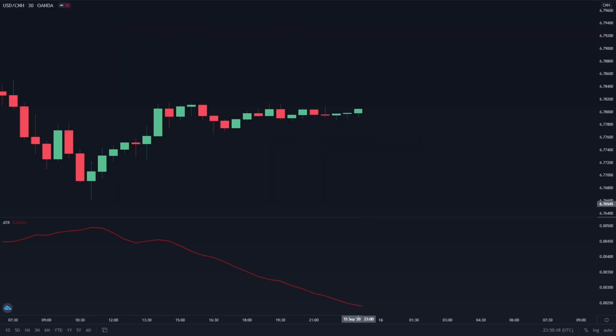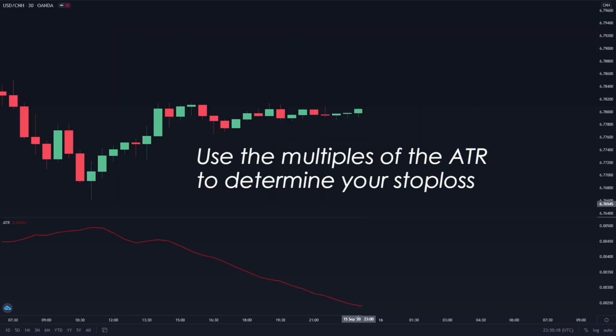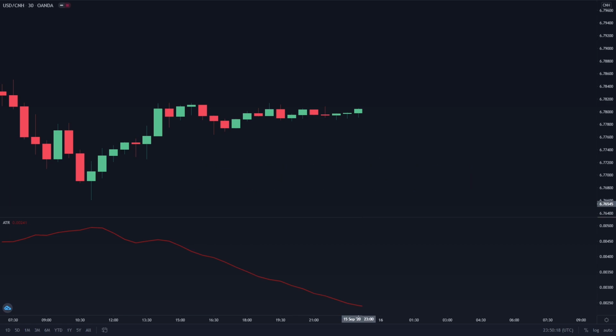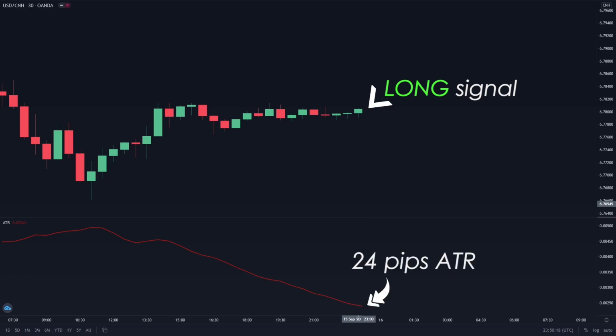So, what you need to do is use the multiples of the ATR to determine your stop loss depending on your risk tolerance. For example, let's say your entry indicator displays a long signal here, and at this specific point, the average pips of the last 14 candles is 24. So you can actually put your stop loss based on that number.